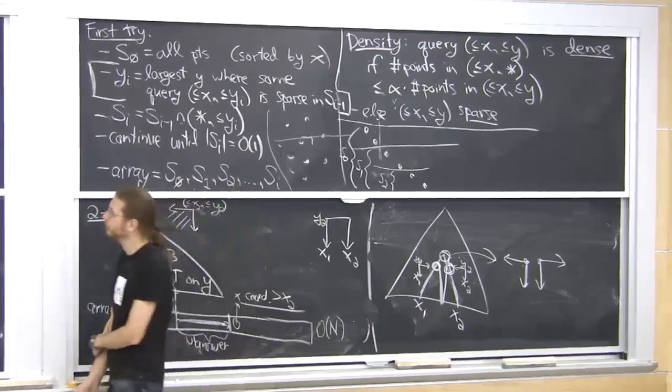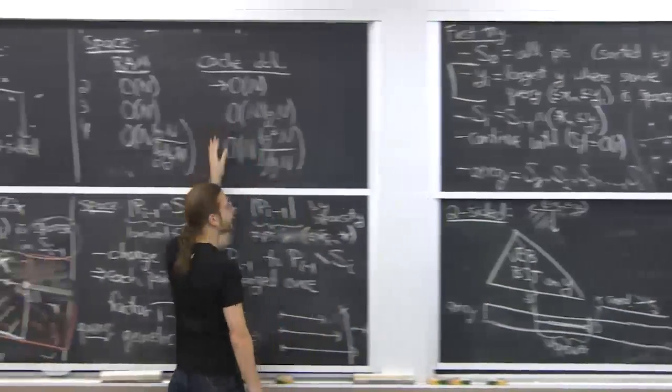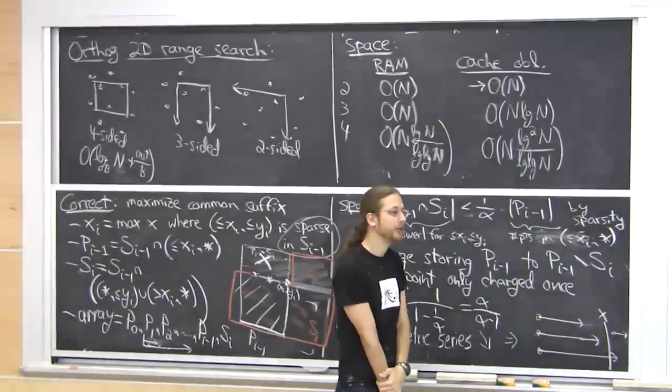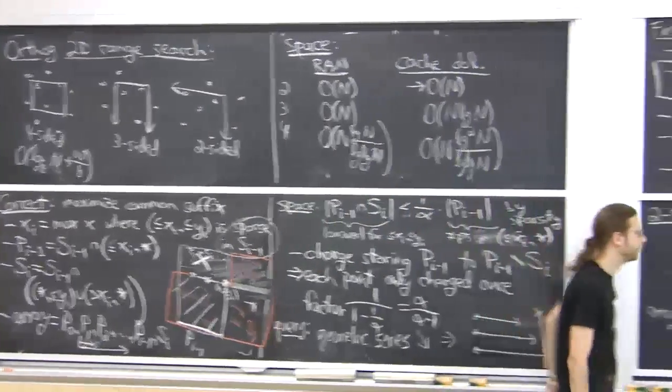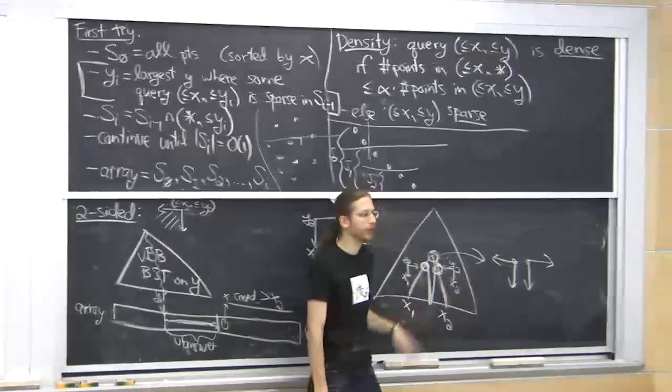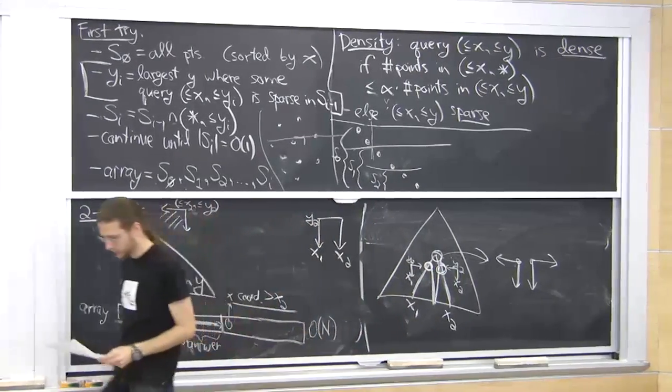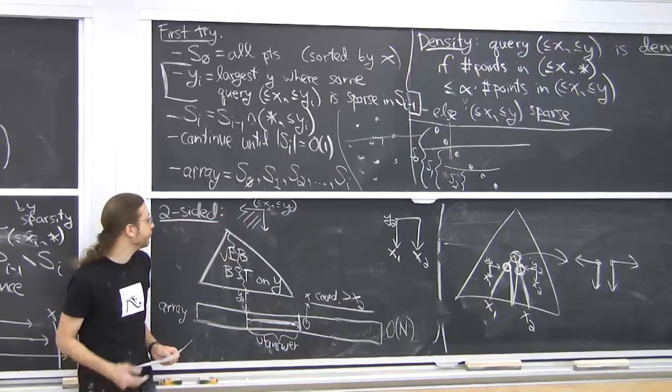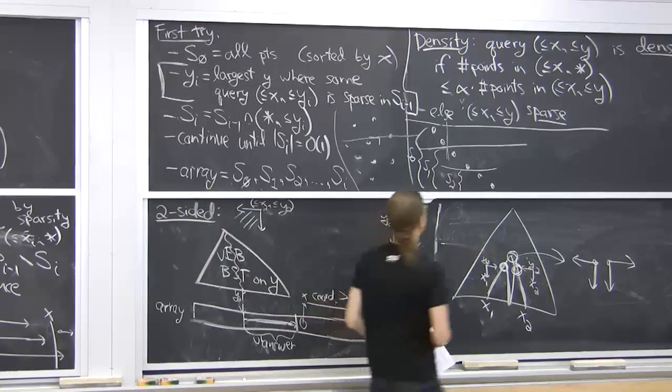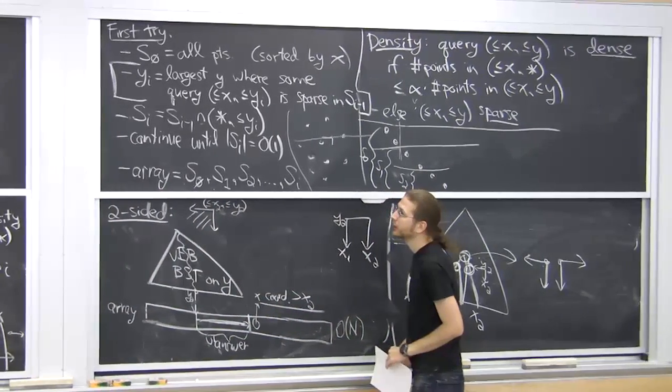Everything else works the same. So we get n log n space, log base B of n plus output over B query. Because now we just have to do two queries instead of one. We don't lose a log factor. That's the trick we did before. Okay, that was easy.